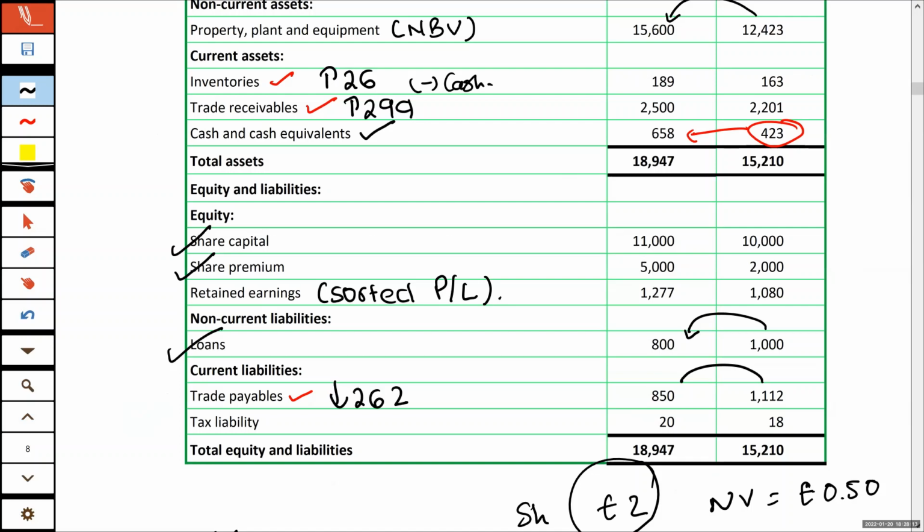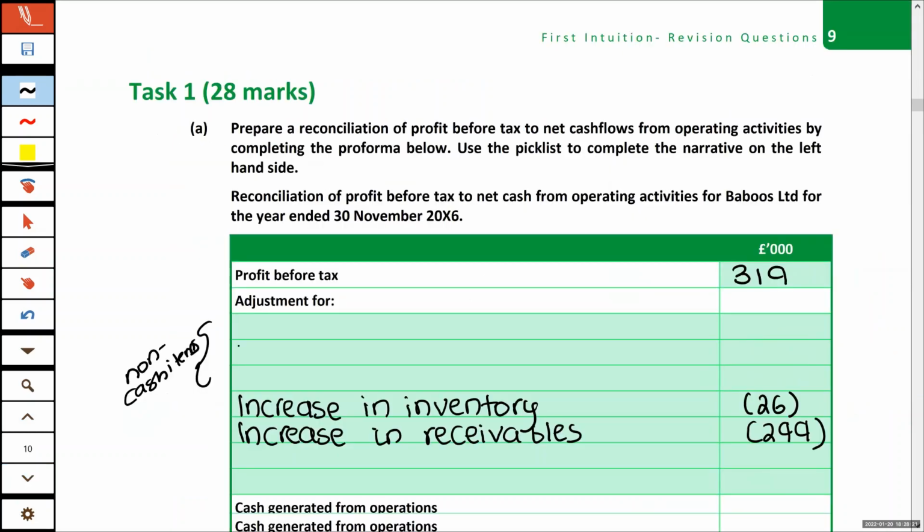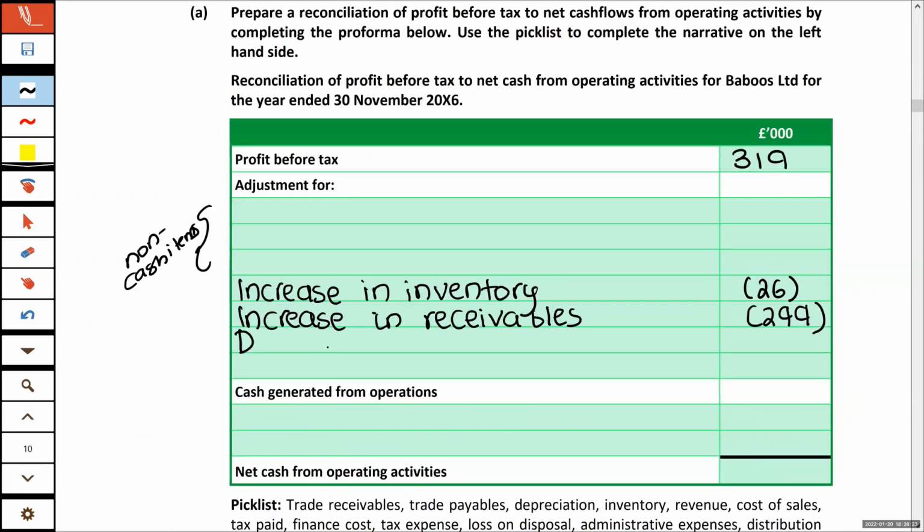What do you think it is from a cash perspective? Is that a good thing or a bad thing? Is it a good thing? No, it's bad.